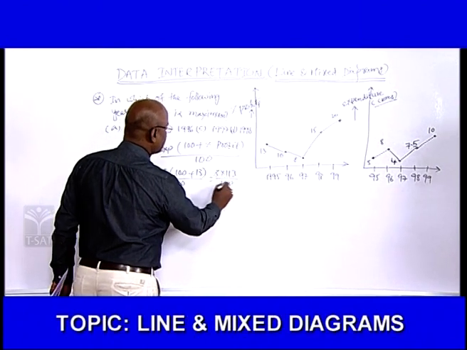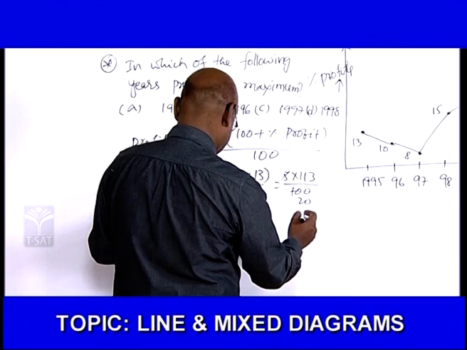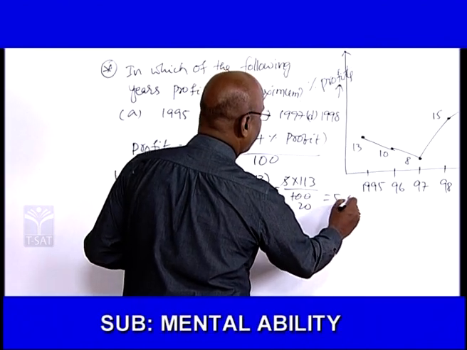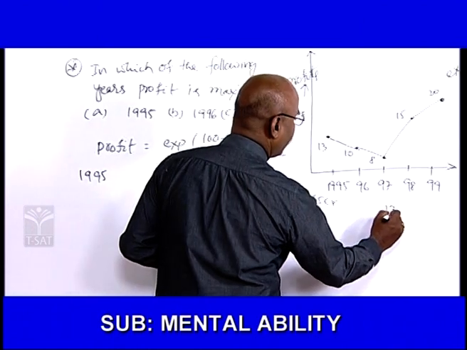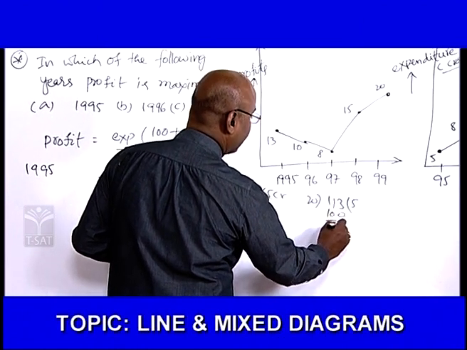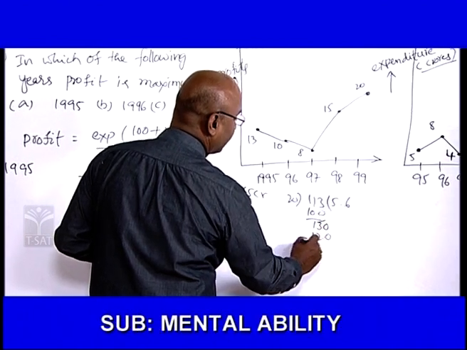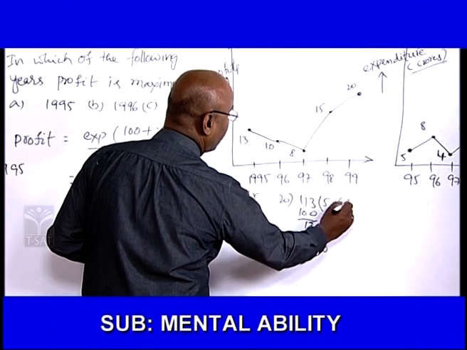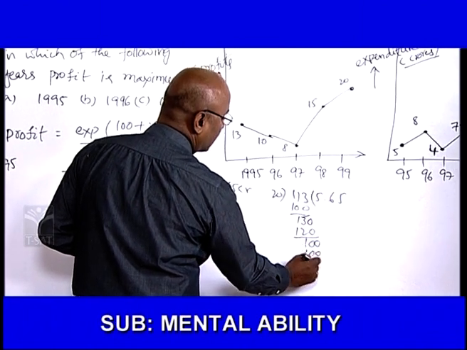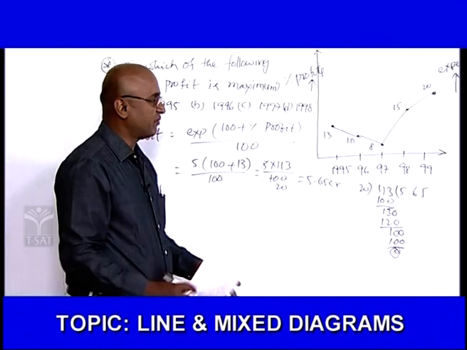So that is equal to 113 by 20, that is equal to 5.65 CR. So the profit in the year 1995 is 5.65 CR.